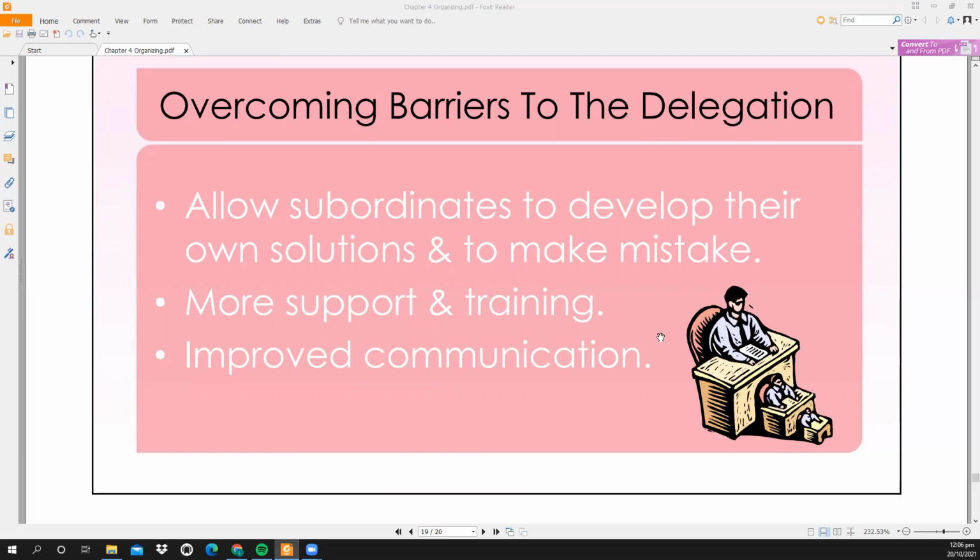You can allow your subordinates to encounter mistakes, and through that, they can come up with solutions. All you have to do is document that scenario and the solution, so if in case they encounter it next time, then it's okay. Also, more support and training, and improved communication.